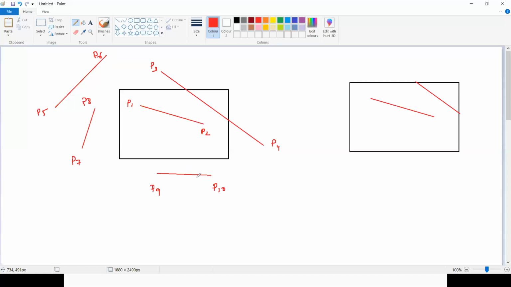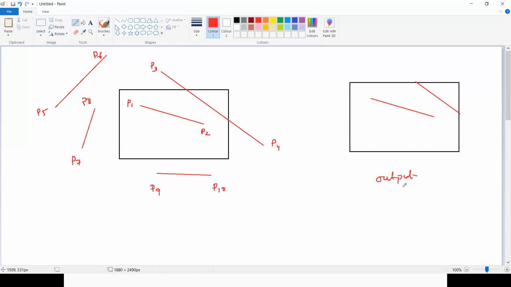So there are 5 line segments, and among them, only the line constructed by P1 and P2 is totally inside, and some portion of the line P3, P4, the portion intersected by the clip window, is inside the clipping window, and the rest of the lines are outside. That means after clipping the entire image, this will be our final output.